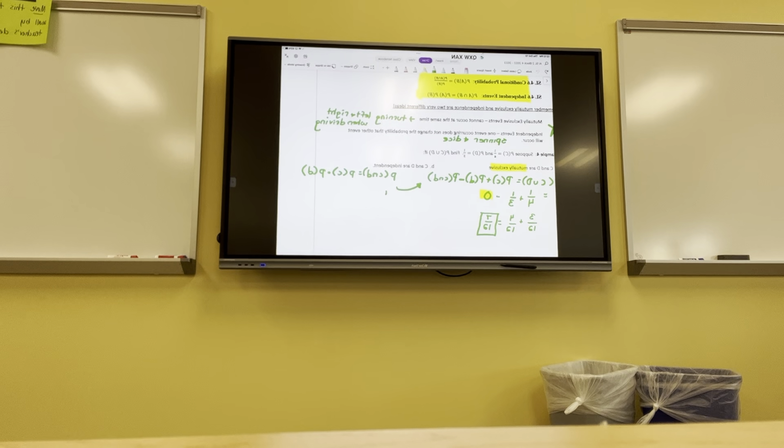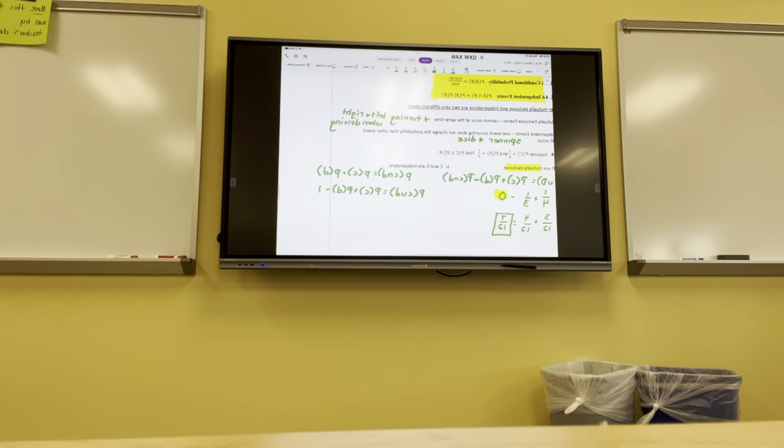The probability of C union D equals the probability of C plus the probability of D minus the probability of C and D. So we've got 1/4 plus 1/3, but we're trying to see if they're independent. If they're independent, then the intersection is P of C times P of D, multiply them together.